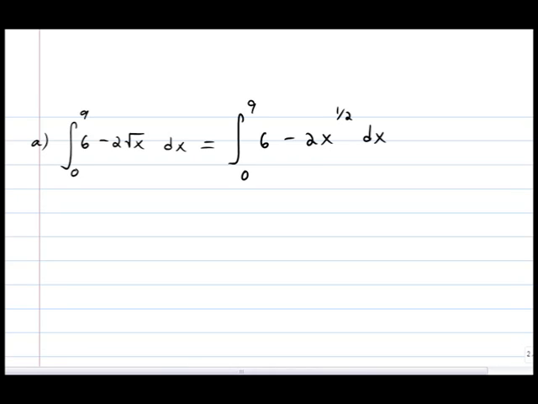Okay, now what? Anti-differentiate. Okay, so this is something x to the 3 over 2, okay?